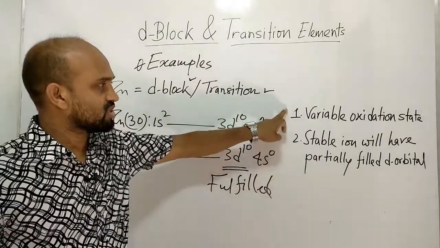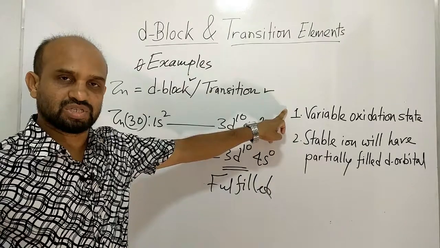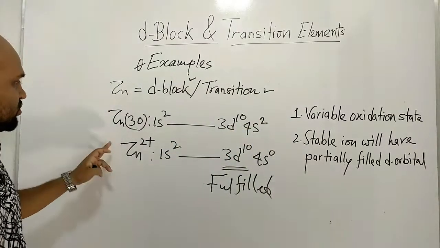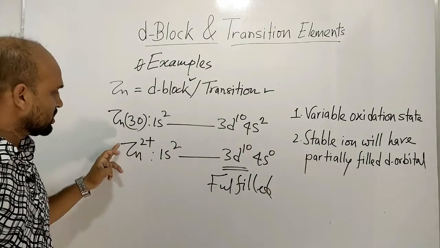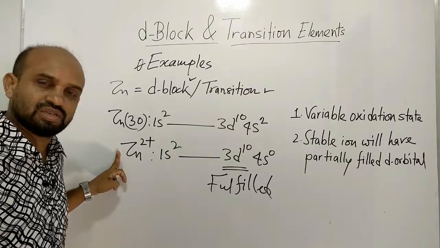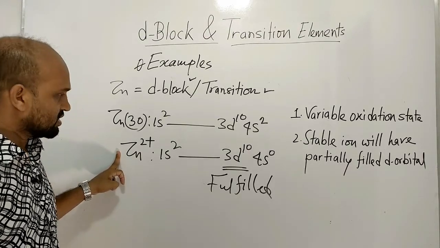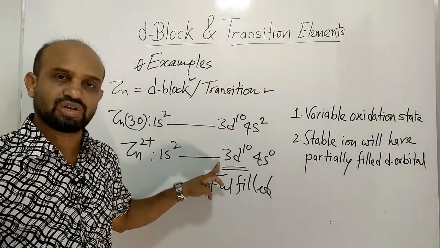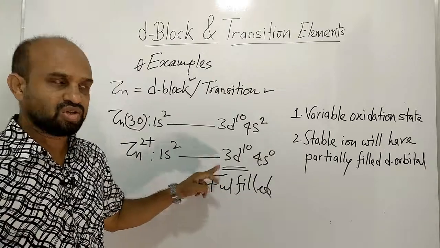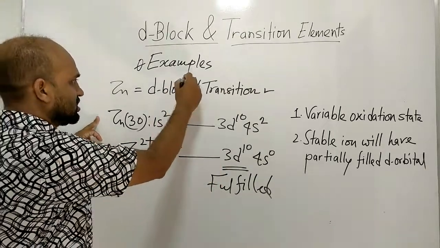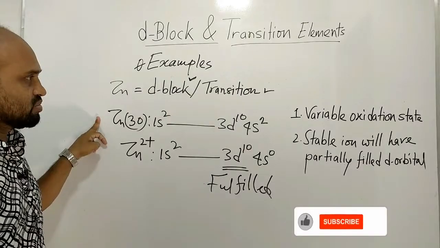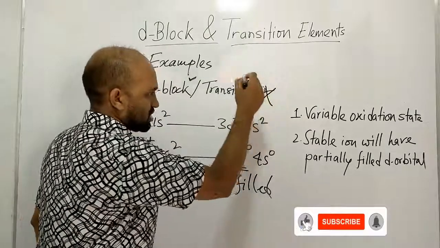At the same time, condition 1, variable oxidation state, is not followed by zinc. Only one ion is observed, that is zinc 2+. And in zinc 2+, the d orbital is not partially filled. So zinc is a d-block element but not a transition element.